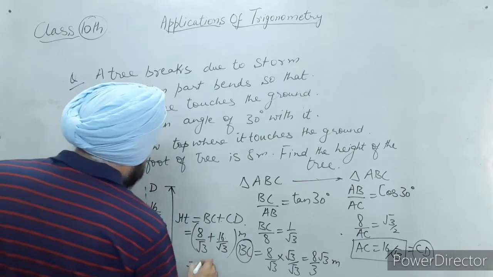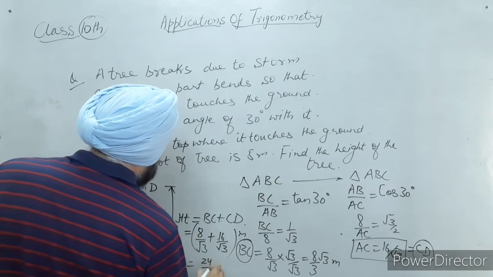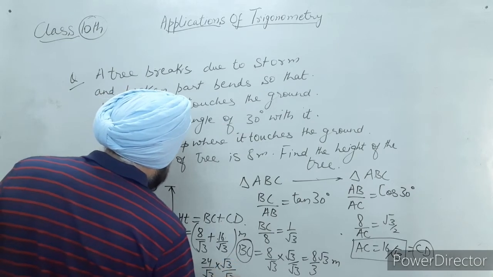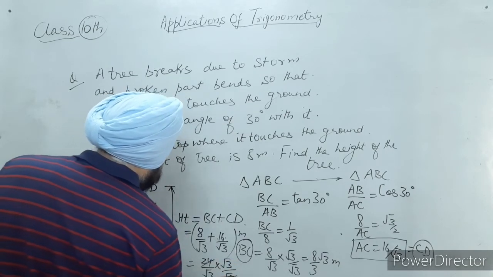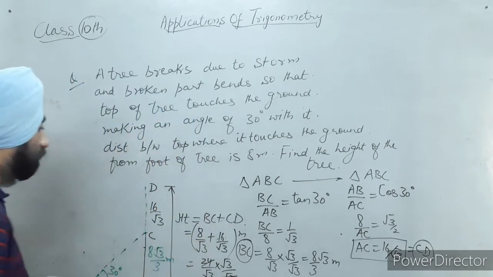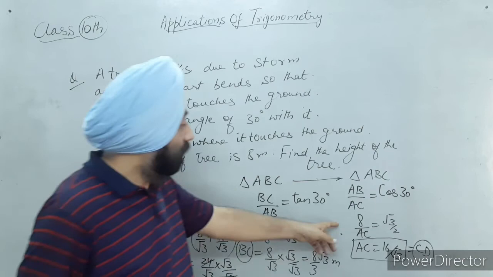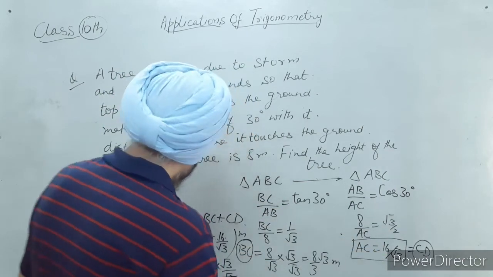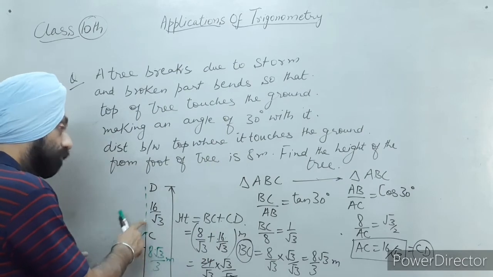I can take the LCM as 16 plus 8. 24 by under root 3. Just rationalize it. Under root 3 by under root 3. 3 into 8. Total height is 8 under root 3 meters. Now AC is 16 by under root 3. AC is the broken part.